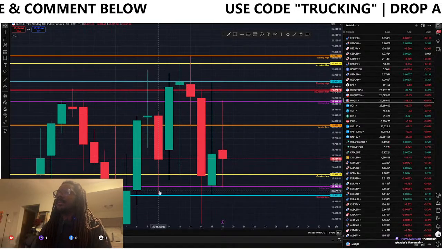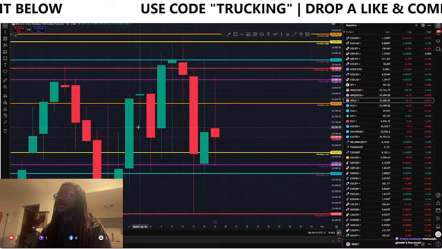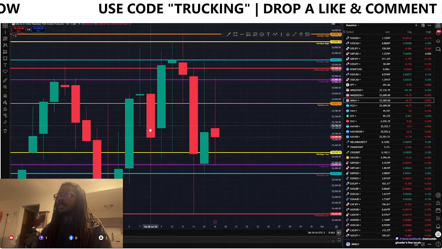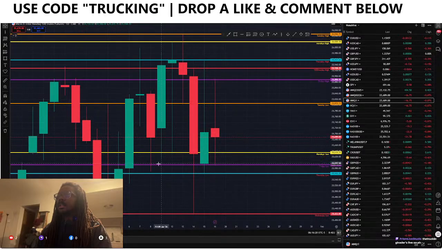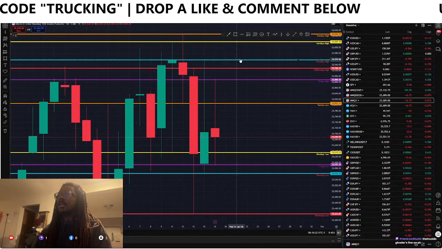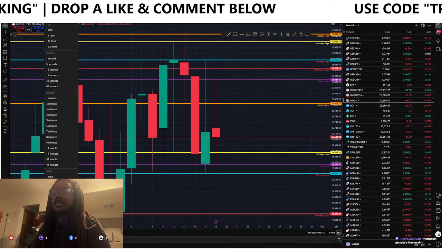So coming off of last week's price action, we swept some of this daily lows right here, and then we had a rejection candle. Price rejected up, and then we started to make higher lows going up until Monday. So let's drop into the 4-hour chart.